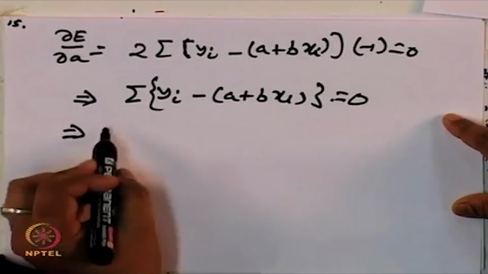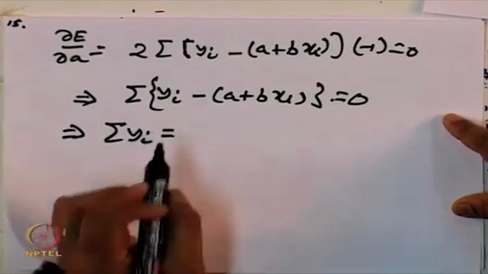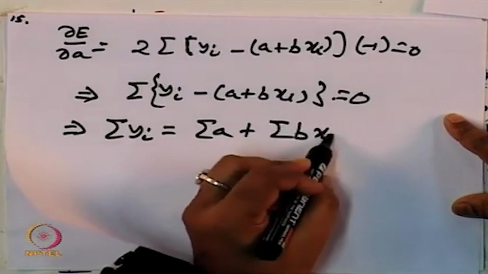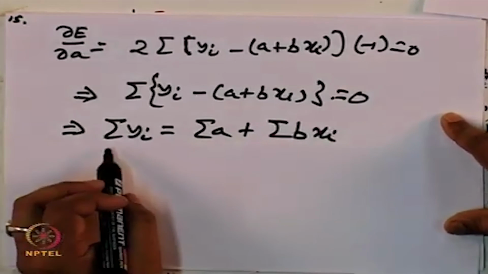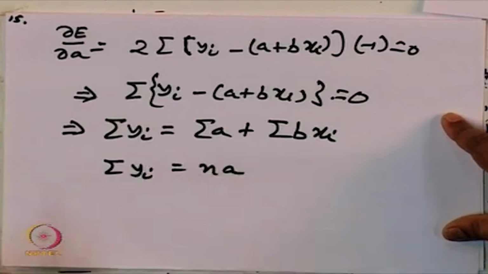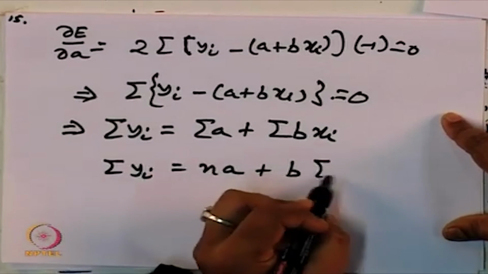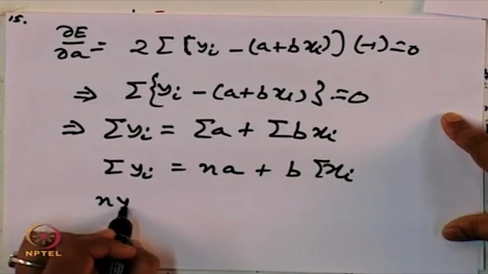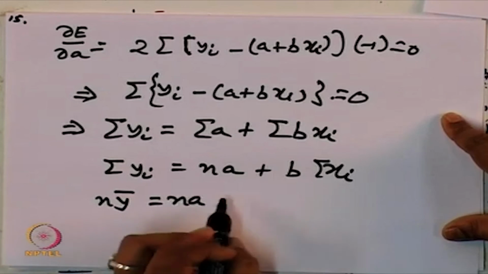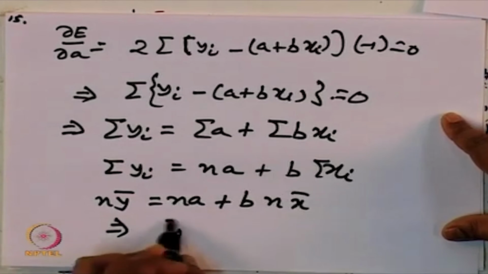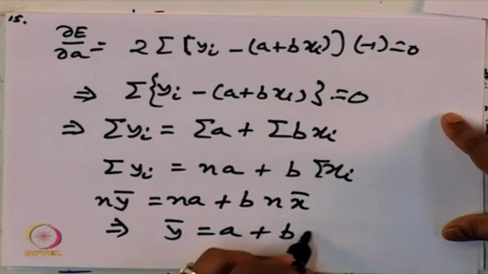So, this implies summation yi is equal to summation A plus summation bxi. So, this is n times A plus b summation xi. Okay. So, this is nothing but n times y bar. I can write n A plus b times n times x bar. So, this would give me the expression y bar is equal to A plus b x bar.